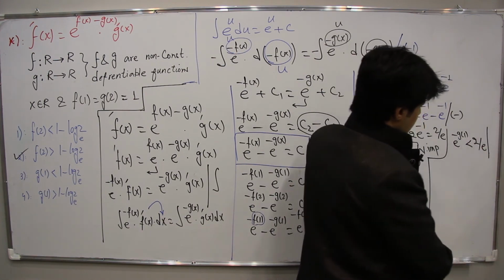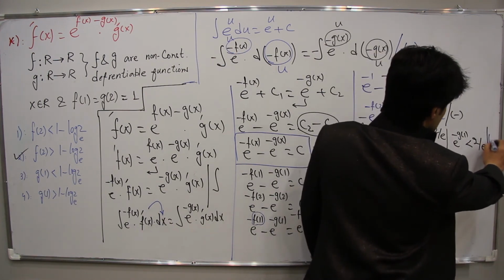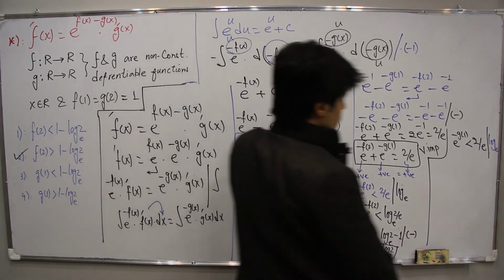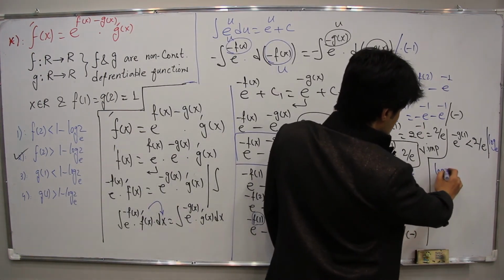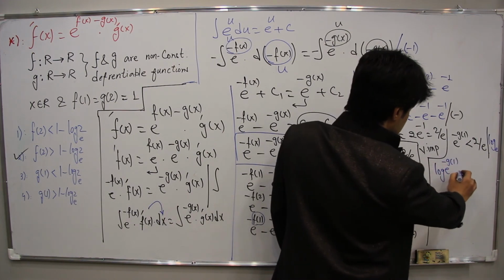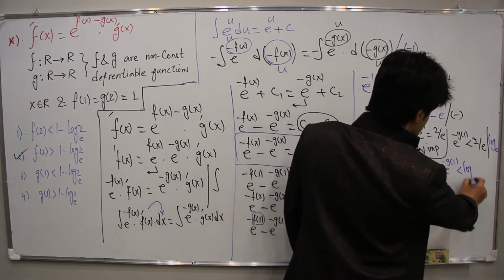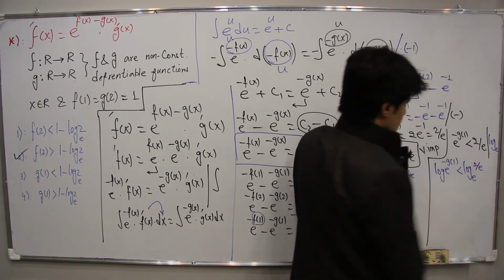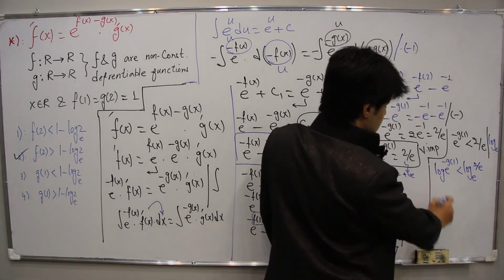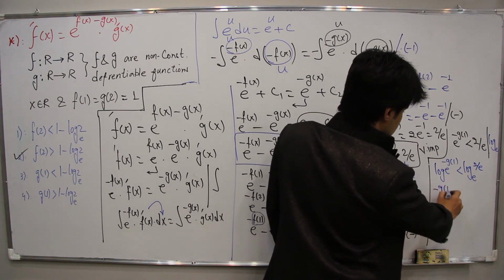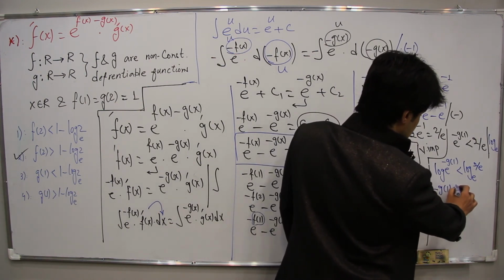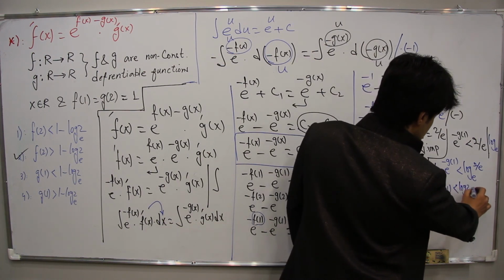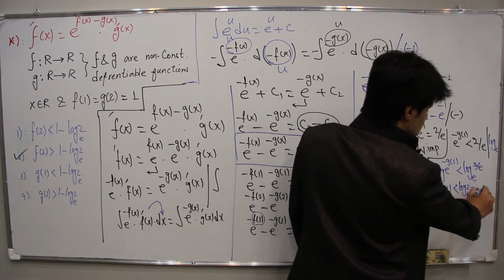Now I want to have log e on both sides. Why log e? Because in the answers we have log e. Now we can write log e to the power minus g1 is less than log base e of 2 upon e. This minus g1 we have in here, minus g1 is less than, and this one goes to subtraction, log 2 to the base e minus log e to the base e, it's 1.